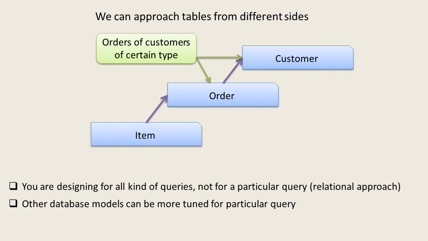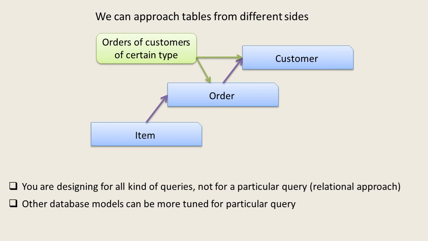Another note which is worth mentioning is that other database models, in particular the document-oriented database model, actually do not have this approach. They do not have the approach that design doesn't depend on query, and they do rely on what queries you're going to execute. So they are more tuned for specific queries.